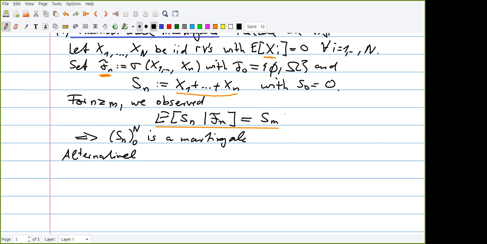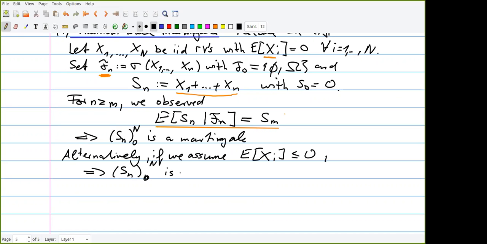Alternatively, if we assume that the random variable Xi has expected value less or equal than 0, then the process is a super martingale.